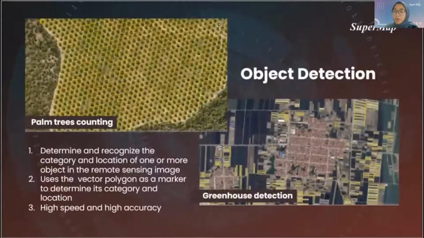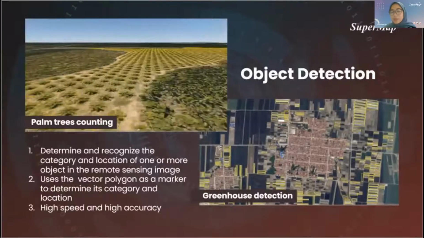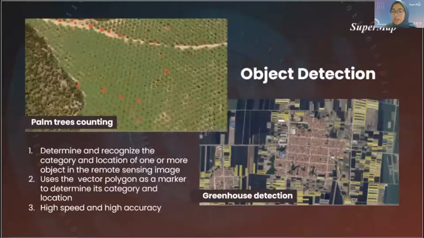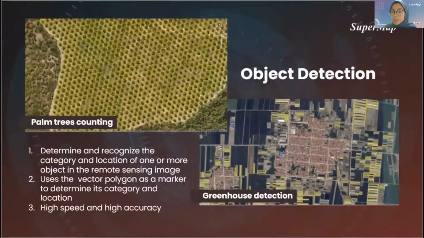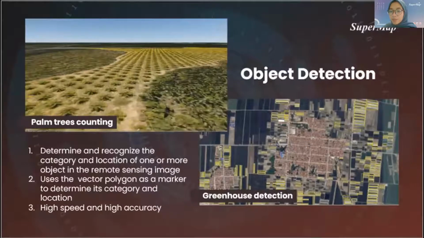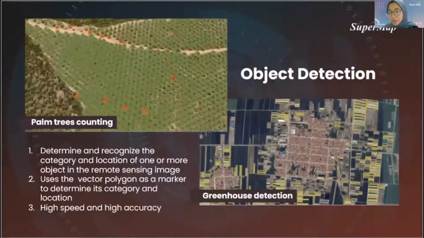And the second one, we have the object detection. Object detection uses deep learning algorithms to automatically determine and recognize the category and location of one or more objects in the remote sensing image, and uses a vector polygon as a marker to determine its category and location.